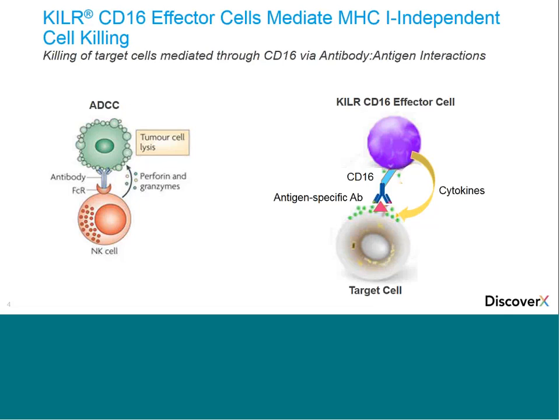And this interaction with the NK cell drives the release of perforin and granzymes and results in tumor cell lysis. Our KILR CD16 effector cells function very similarly to an NK cell, where the CD16 receptor is mediating the interaction with the antigen-specific antibody, which then binds to the target cell and triggers cytokine release from the T cells, resulting in killing.